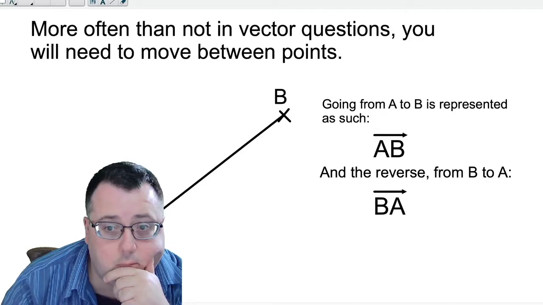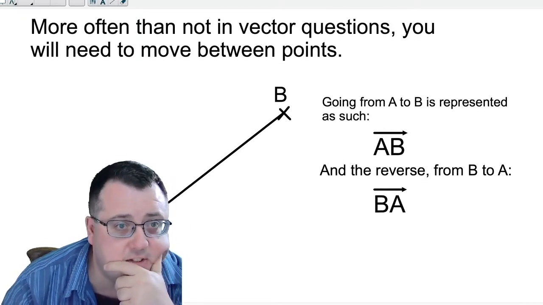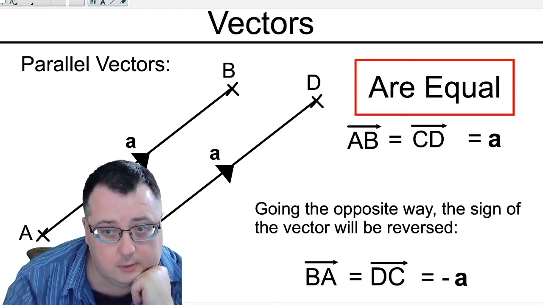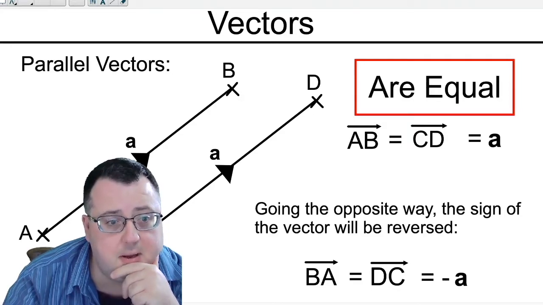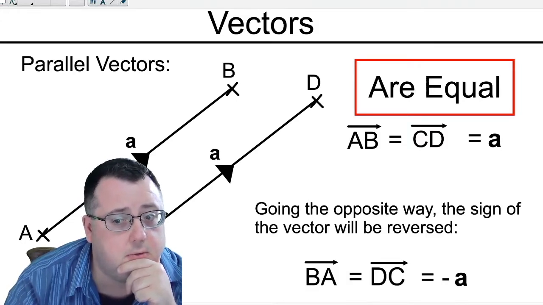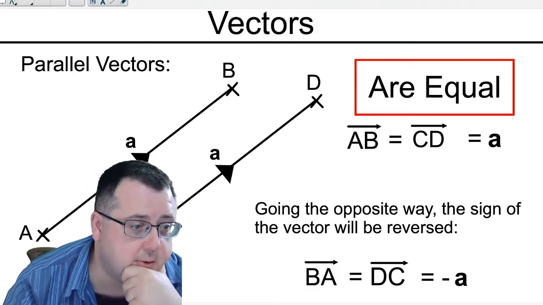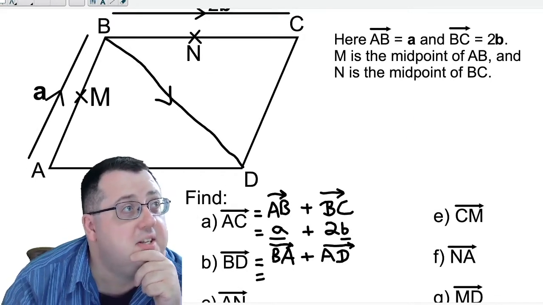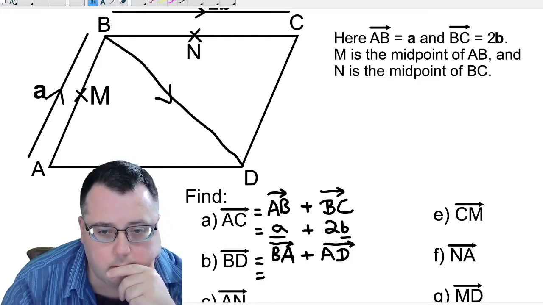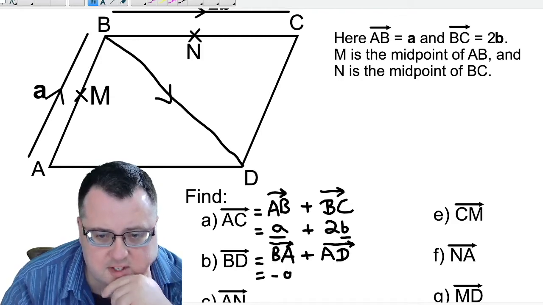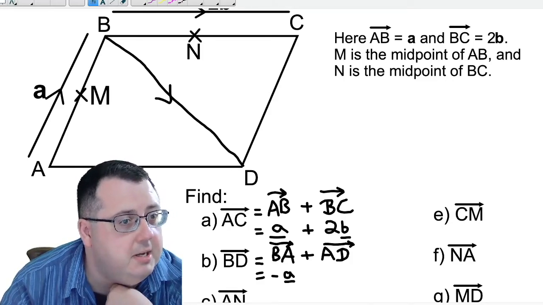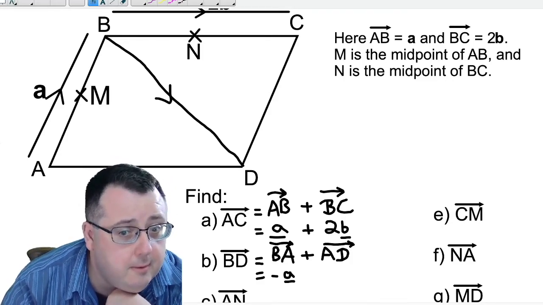Ah, this is the one. A to B is A. B to A is minus A. Right. Let's go back to the question. B to A would be negative A then, wouldn't it? Can you see why? You're going against the flow of that A vector, A to B. Is that okay?